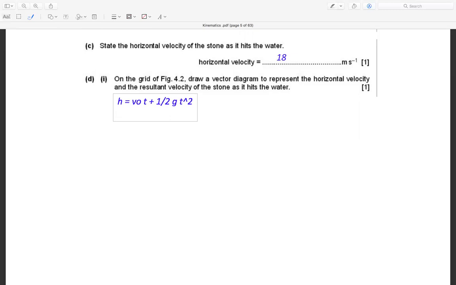And we know this is about 16. And v0 in the vertical direction is 0 times t, also we don't know t, plus a half times 9.8 times t squared.